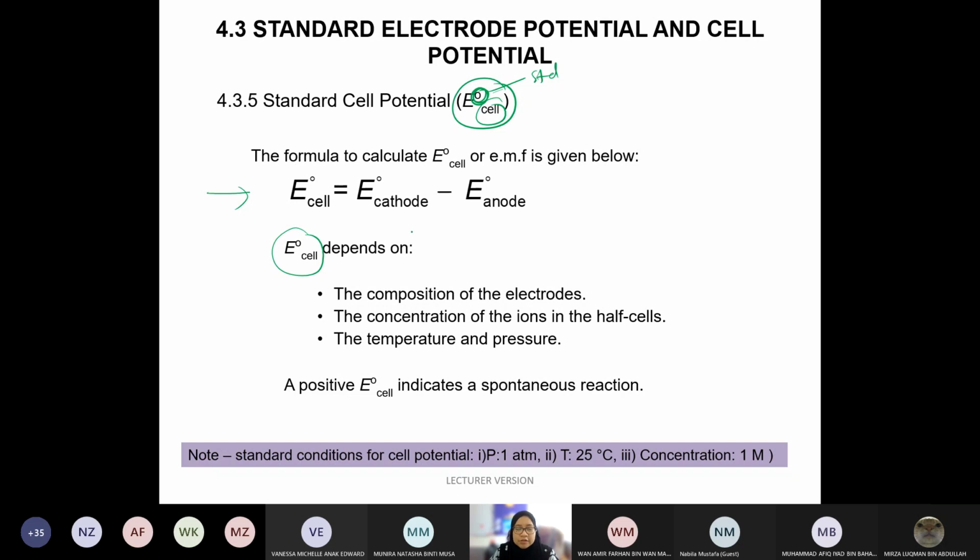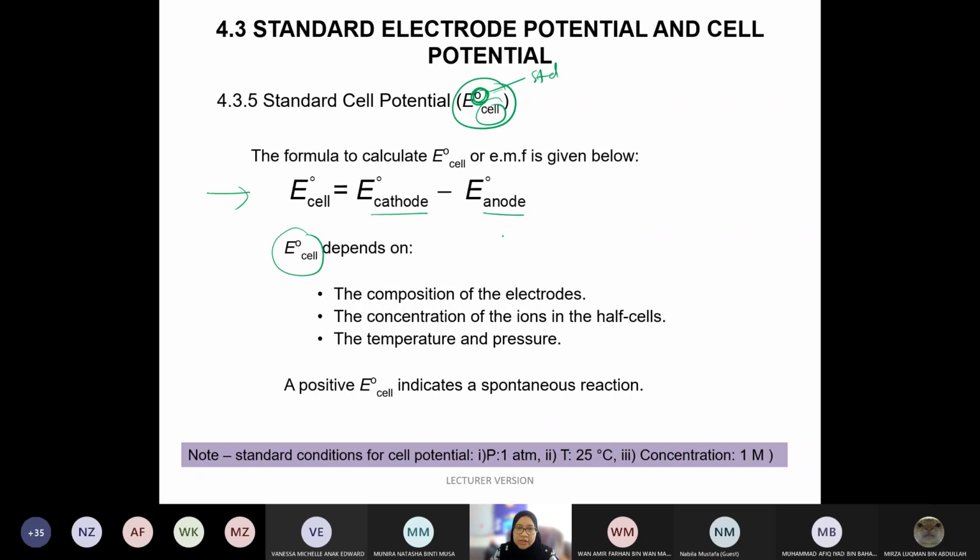It's just subtraction: cathode minus anode. That means given a cell, you have to identify which will undergo reduction and become cathode, and which will undergo oxidation and become anode.